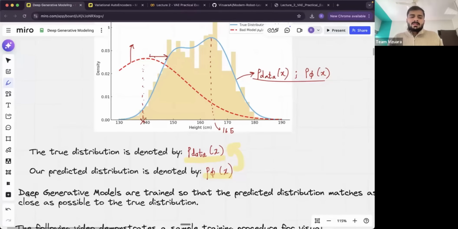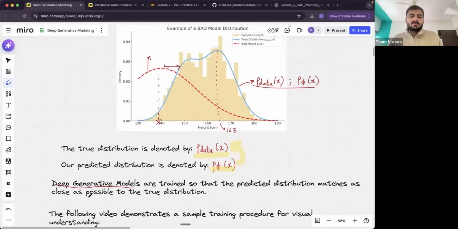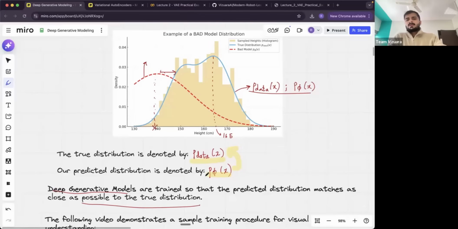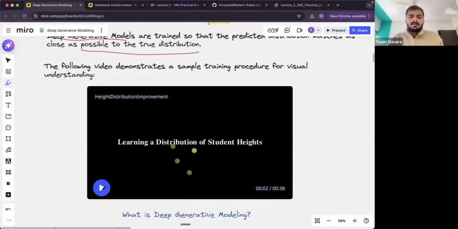So deep generative models are trained so that the predicted distribution matches as closely as possible to the true distribution. Let's look at a visual representation. I have made some videos here using Manim because I think this lecture will be more effective if we can visualize what we are talking about. Let's try to understand this.